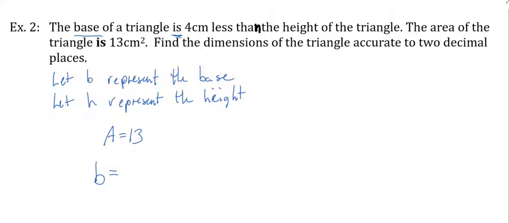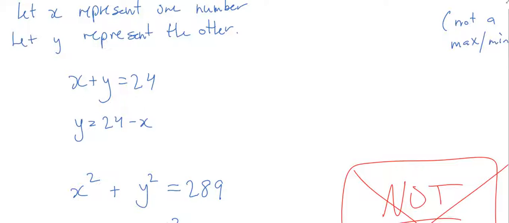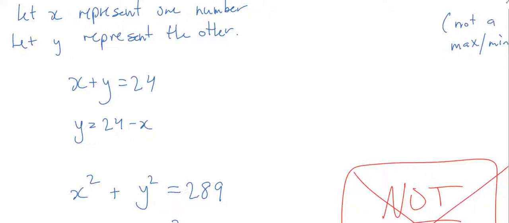How do I write 4 centimeters less than the height? What is that as an expression? Nice. 4 centimeters less than the height is taking the height and taking away 4 from it. And now I've got an expression already done. This is exactly like how I was doing that part there.